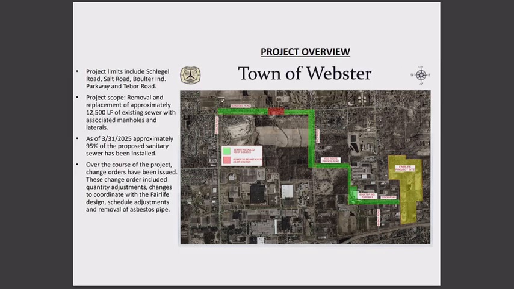Over by Bolter, there's a large 54-inch diameter water authority distribution main that was put in after the sanitary sewer was put in. The record plans that we were provided from the water authority indicated that we had plenty of clearance, but when the contractor got out on site, it was evident that the water authority ran into bedrock and they placed their water main right on top of the sewer.